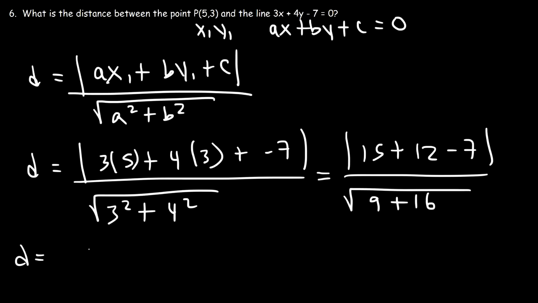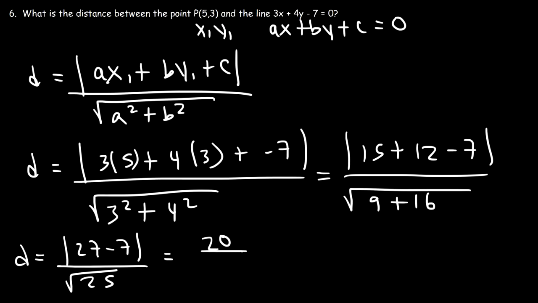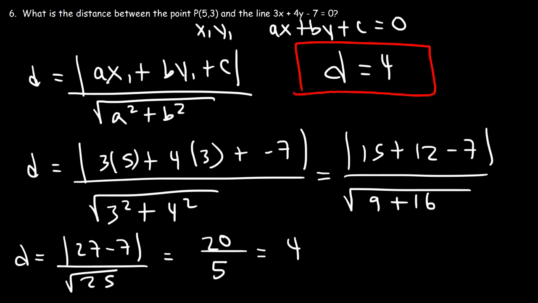Now 15 plus 12, that's 27, and 9 plus 16 is 25. Now 27 minus 7 is 20, and the square root of 25 is 5. Now 20 divided by 5 is 4. So the distance between the point and the line is 4 units long.